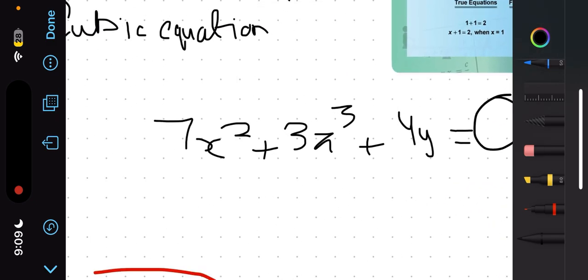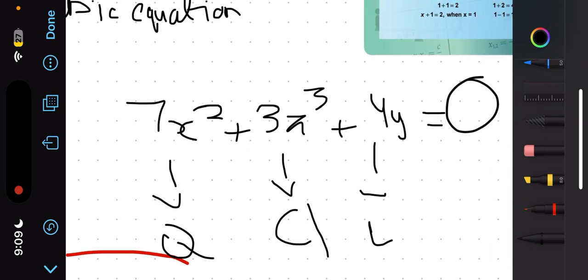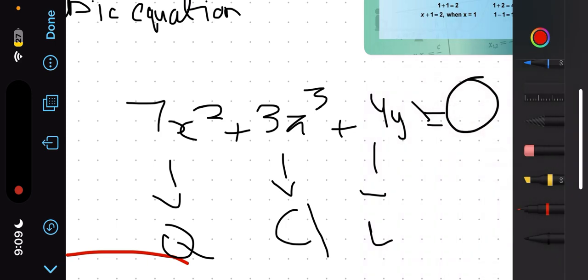Now here we have 3 powers. Here it is following quadratic, here it is following cubic, here it is following linear. So what equation will it be? Here you will follow a rule. You will see which of the powers here is the biggest one.